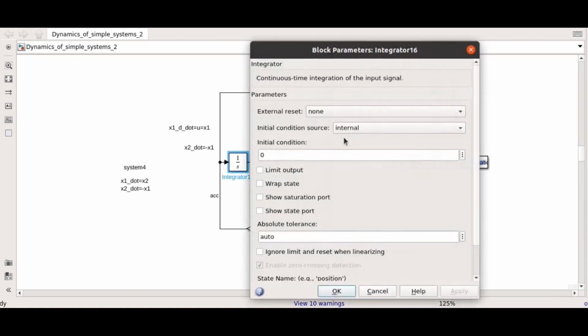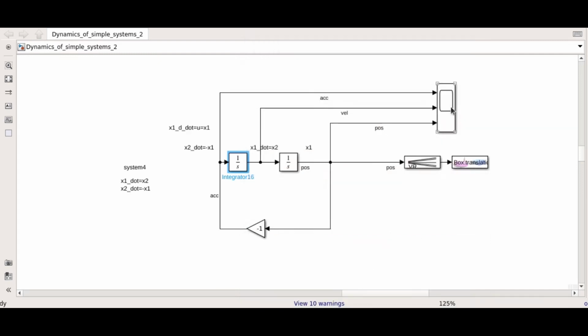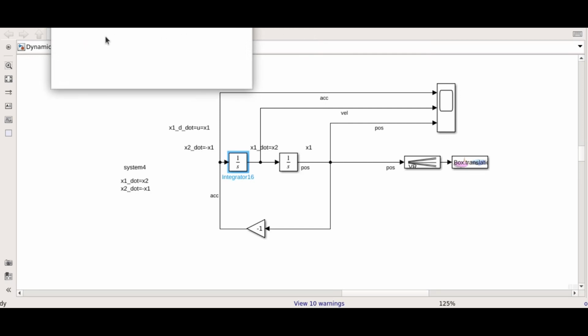It is to be noted that all other cases of simulation, like having a non-zero initial condition of velocity, can be easily simulated and the interpretation will remain the same.